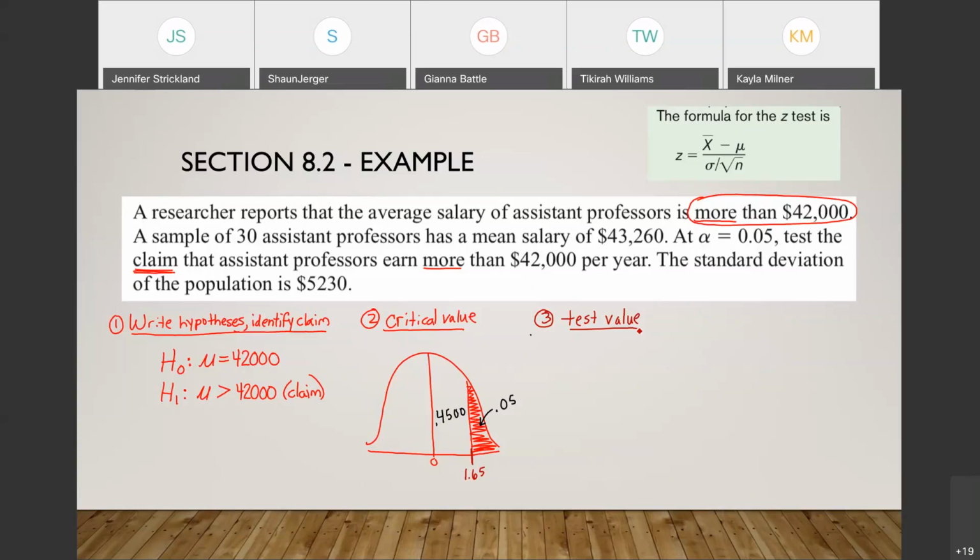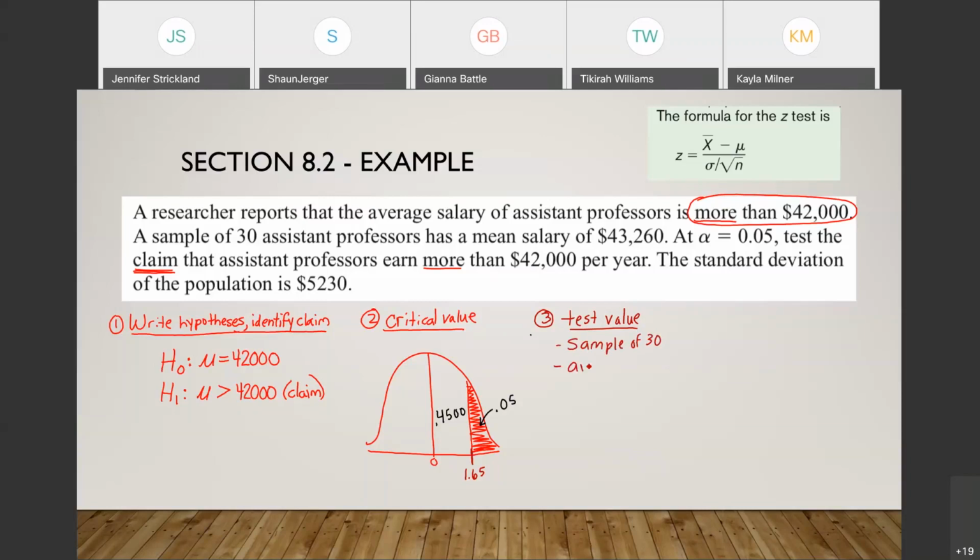So what I want to do is find the part of the problem where they're talking about the research that was done. I'm looking at the second sentence that says we have a sample of 30. I'm going to jot down what they tell me. They say those 30 people had a mean salary of $43,260.